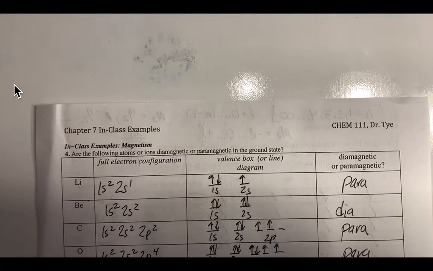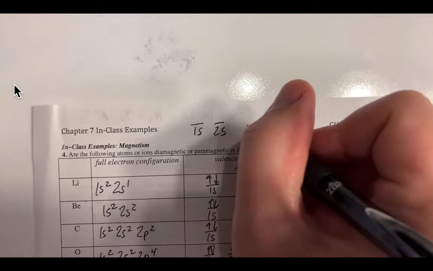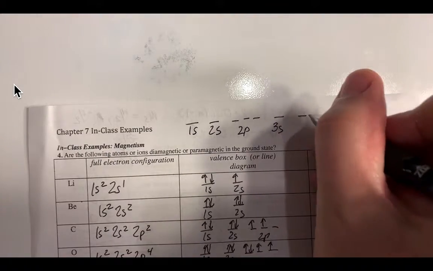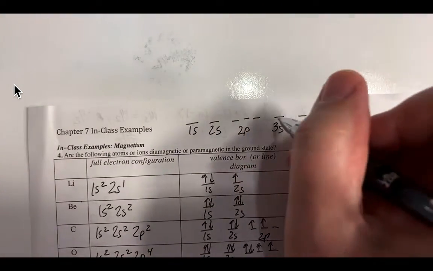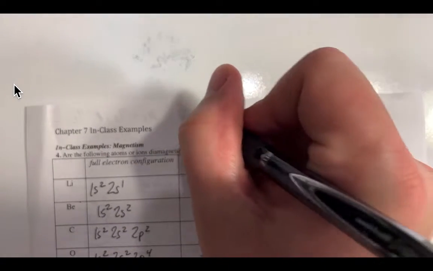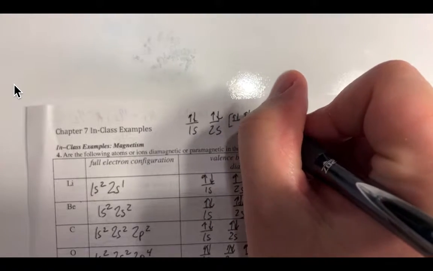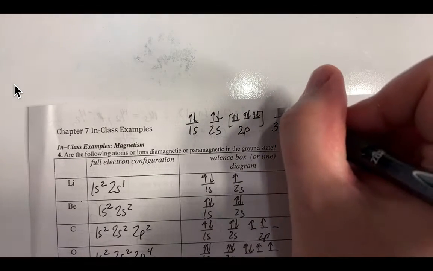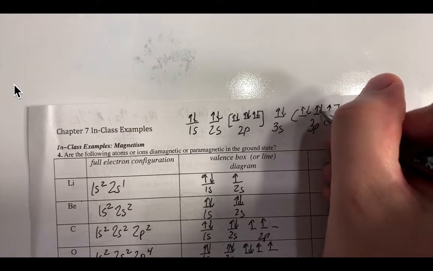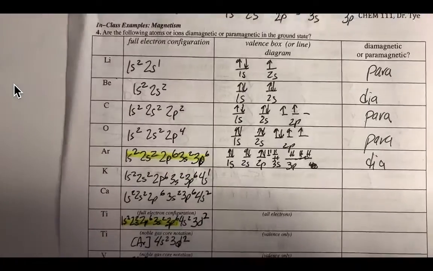Let me write that at the top here a little bit cleaner. Okay, 18 electrons all paired, so the argon is diamagnetic.